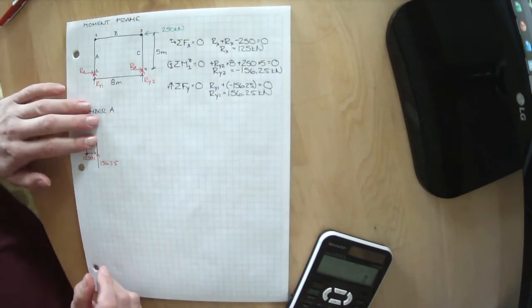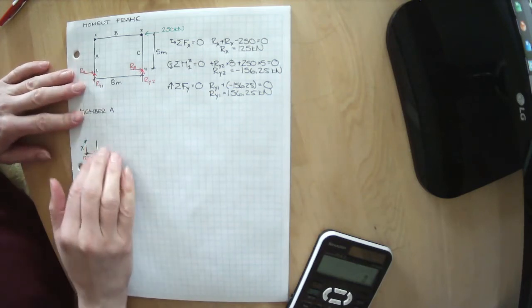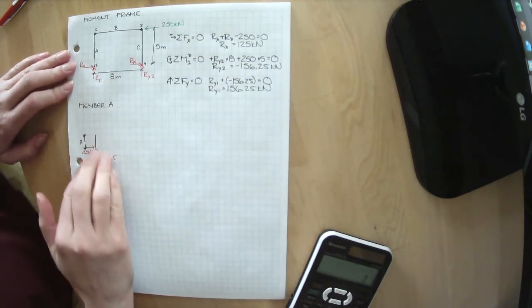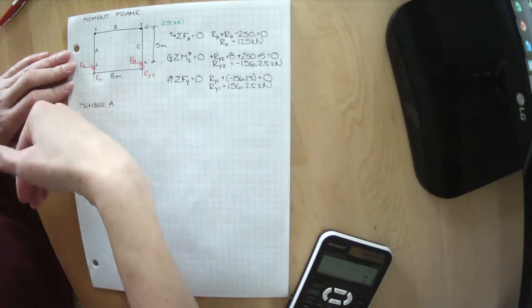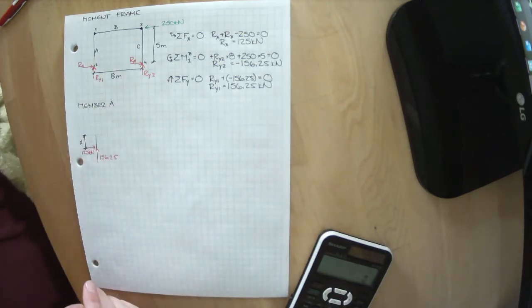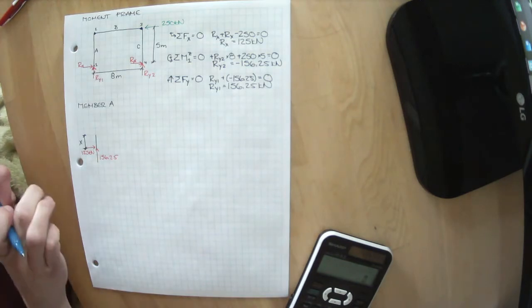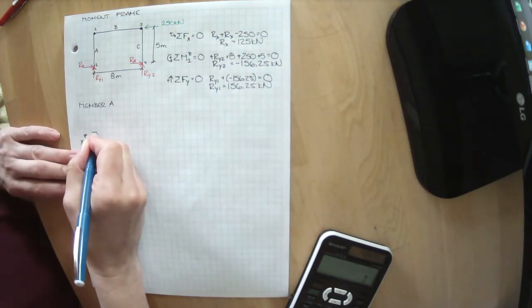And there must be some internal forces stopping this thing from moving up and down, sliding back and forth, or spinning in space. So let's draw some placeholders for those internal reactions.